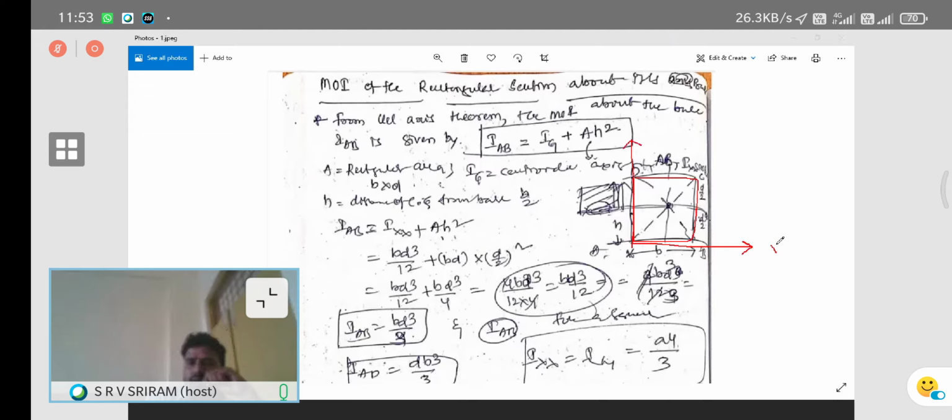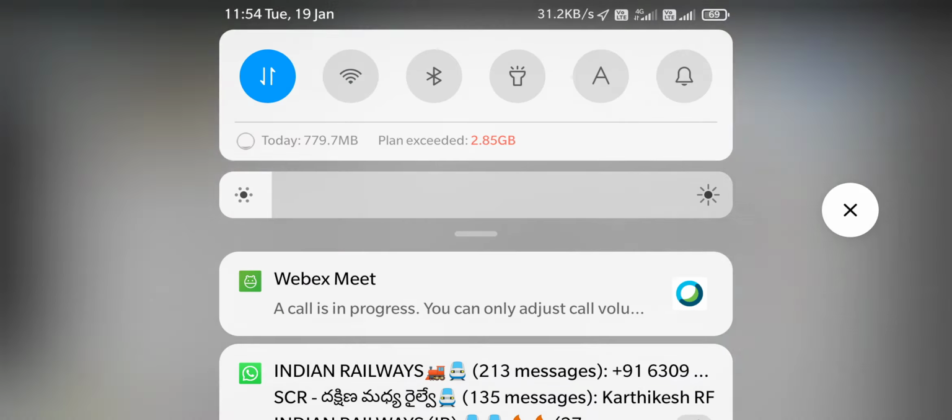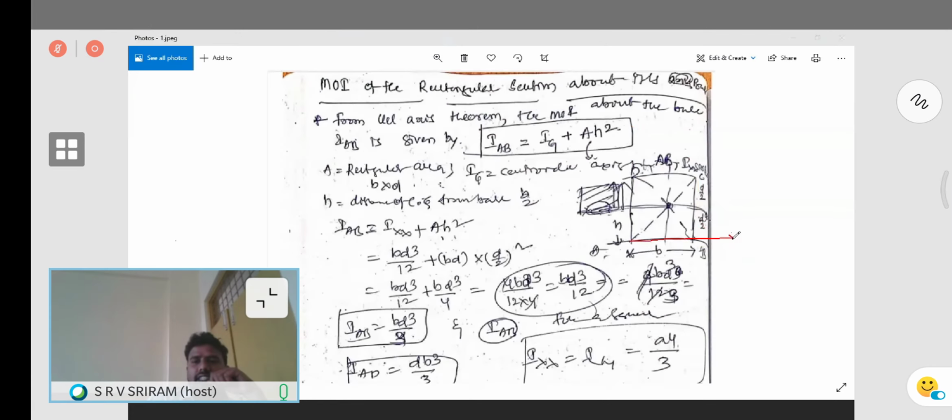The entire rectangle is placed so that the opposite side and adjacent side edges are placed on the respective x and y axes. This means the base of this rectangle coincides with the base axis, which I am going to take on the x axis.